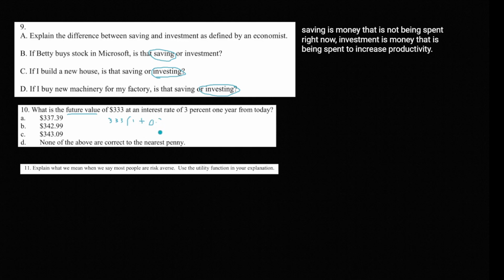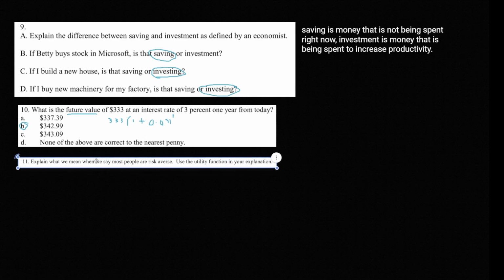I was literally about to write 0.3. Do not mess that up. Many people will mess this up, and this is just the first power. It is 1 year from today. 1 plus 0.03 times the current value. I got $342,999. That is B.